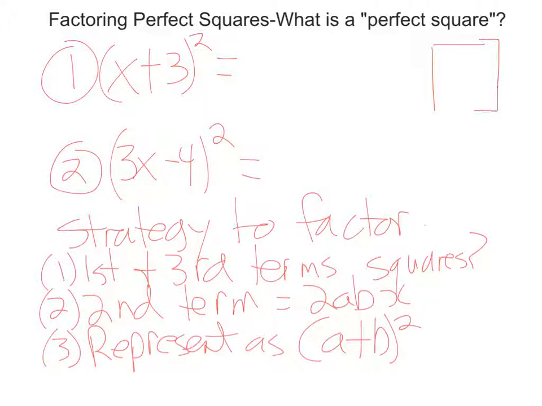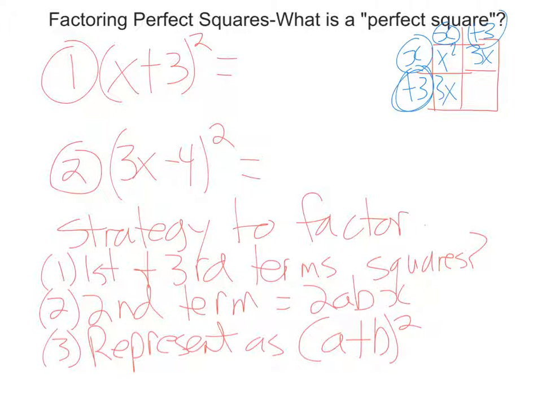Algebraically, a perfect square is when you end up with, you can see this is x plus 3 by x plus 3. x times x is x squared, x times 3 is 3x, and then because it's a square, the length and width are the same, so that's another 3x, and the last one is 3 times 3, which is plus 9.